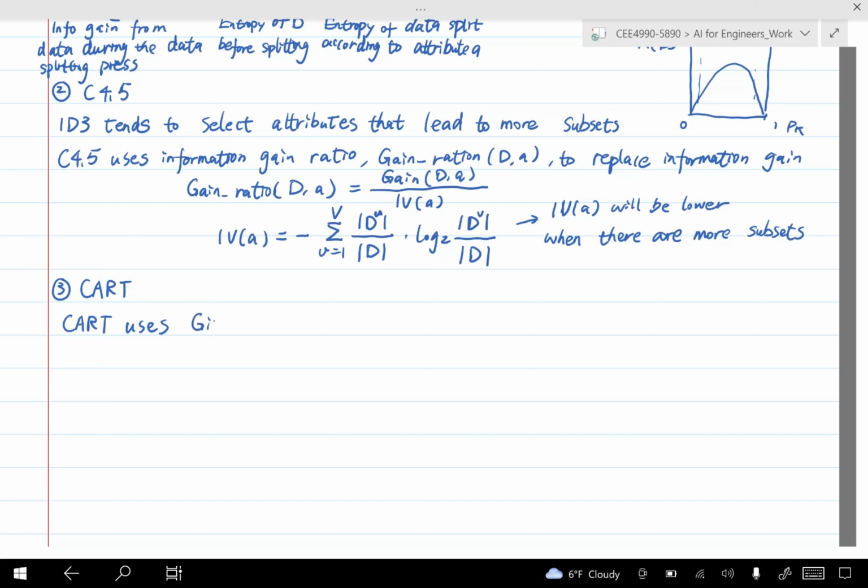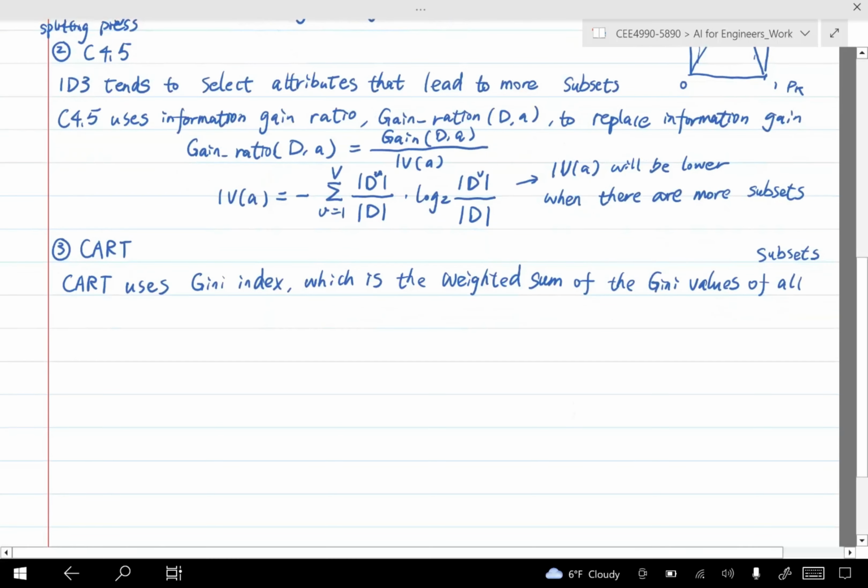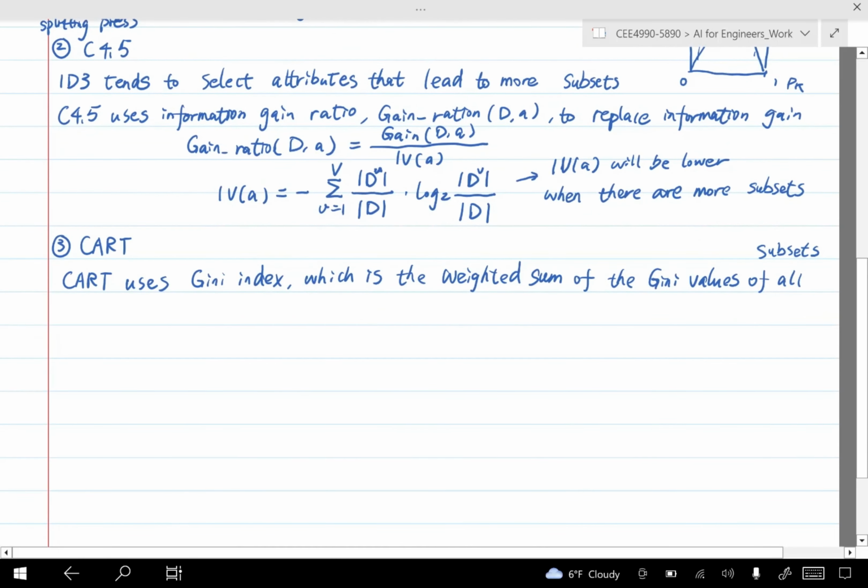The parameter is called the Gini index, and this Gini index is the weighted sum of another parameter called the Gini values of all subsets. Let's take a look at what the Gini value is. It has the following formulation.